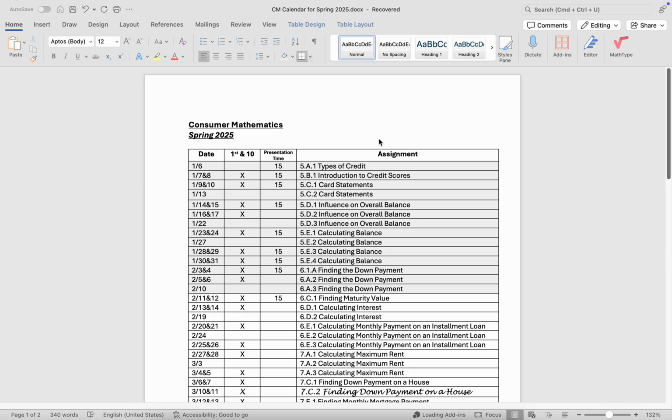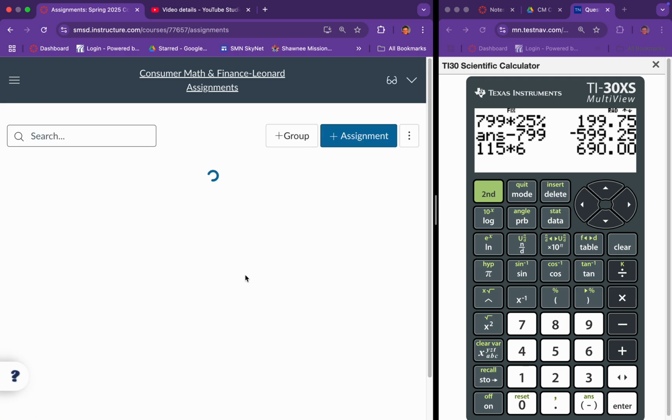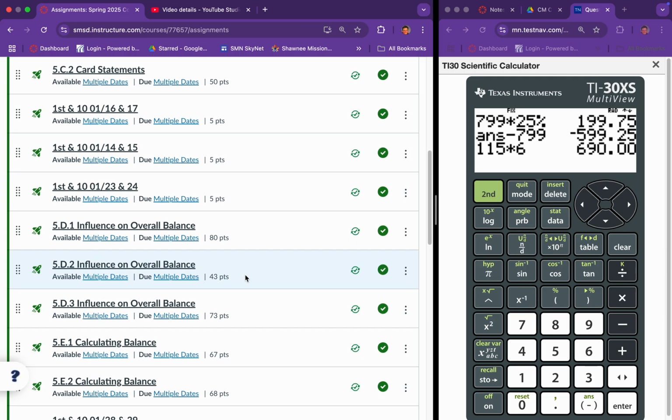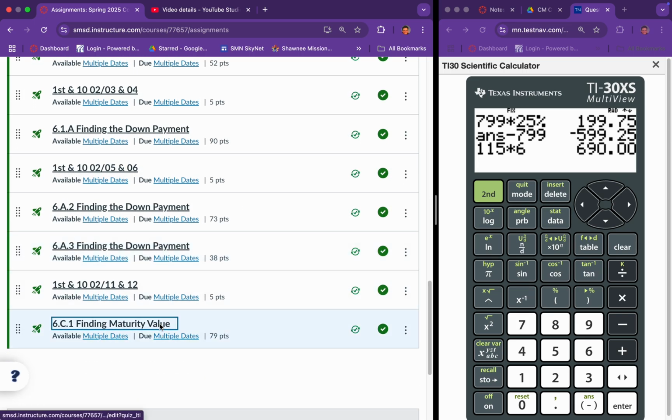What I really want is, how about 6? We can do 6C1. I bet there's one on there. Let's pull up 6C1 and see if we can get an example. We just need an assignment that came after that one. We'll try this one.